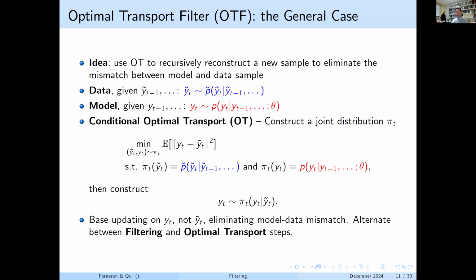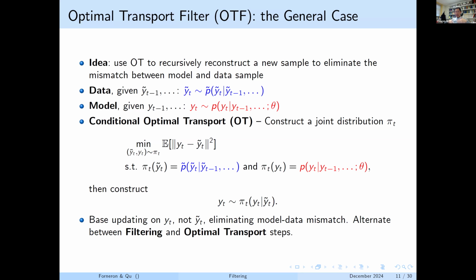So here we'll borrow something from the optimal transport literature. We try to build a coupling between these 2 marginal distributions so that the joint distribution will respect both components. And from that, we can transport the actual observation, which is YT tilde, to the model to get a model consistent value, which is YT.